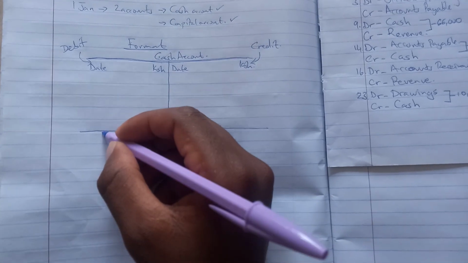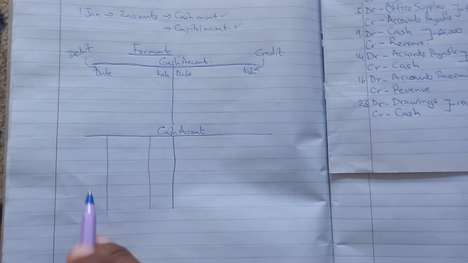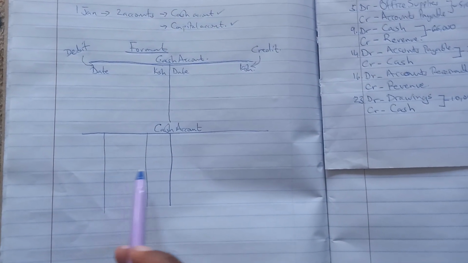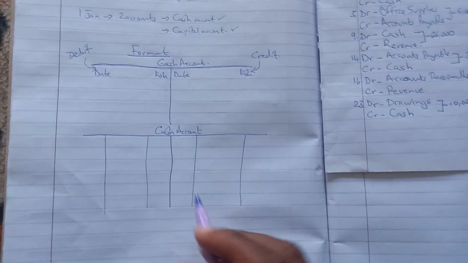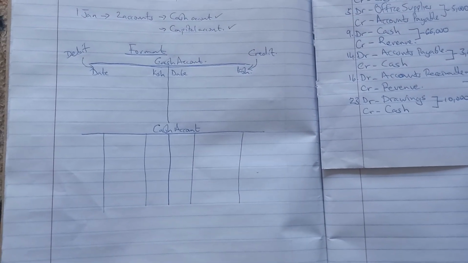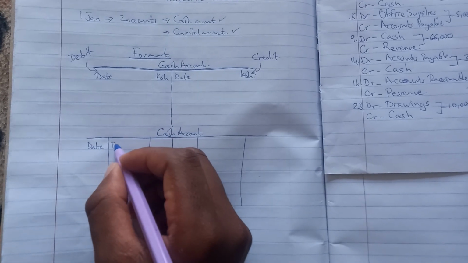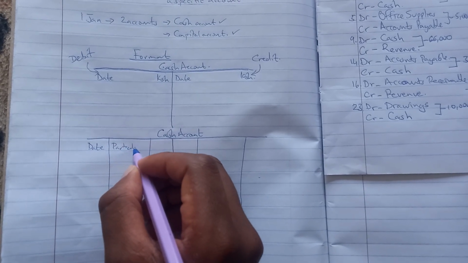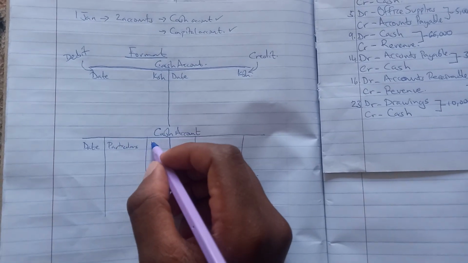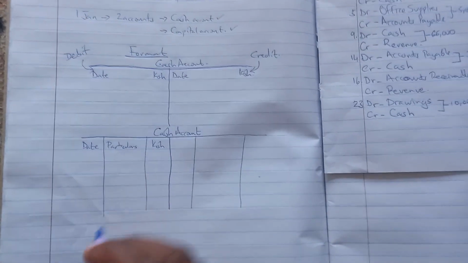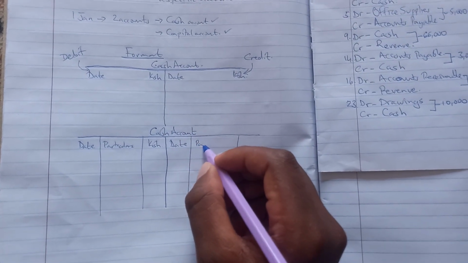Okay? So as we divide, now the debit side has 3 columns. What about the credit? Now it also has 3 columns. Now this column will be for the date. This column will be for the particulars, of which I'll explain what the particulars are, and then the currency. Same to the credit side.